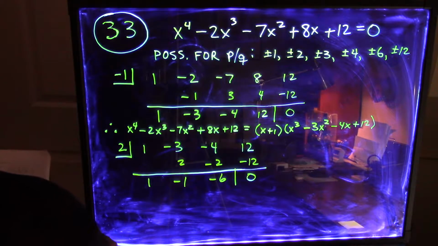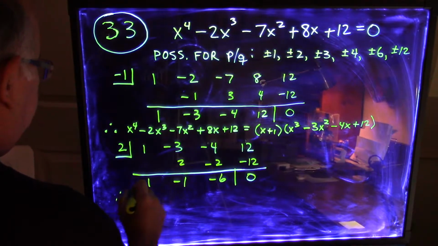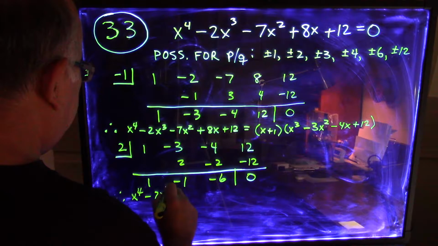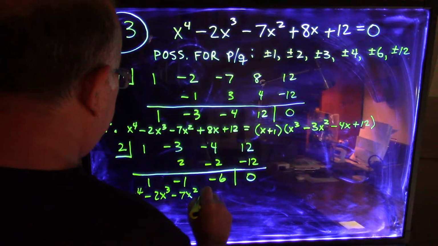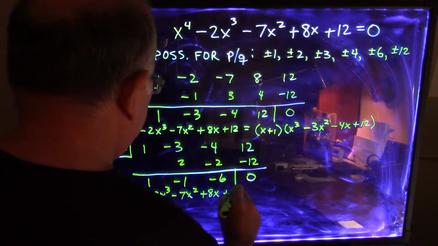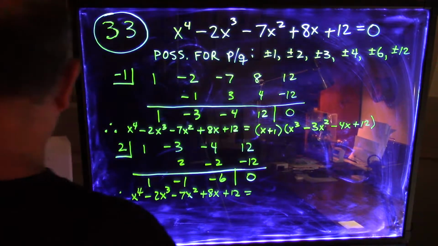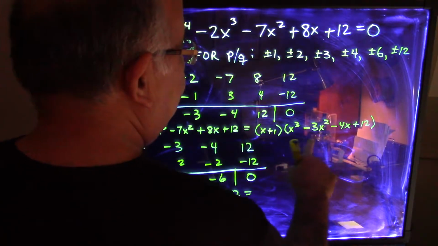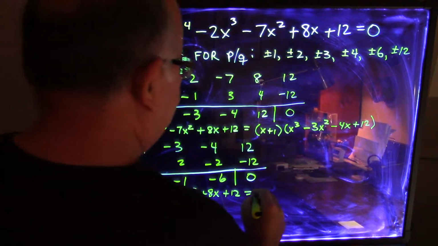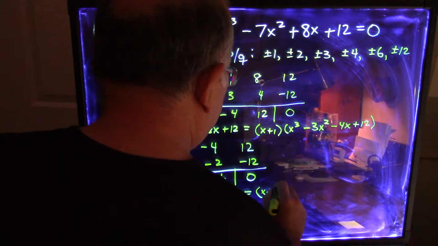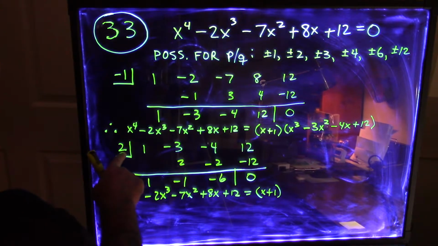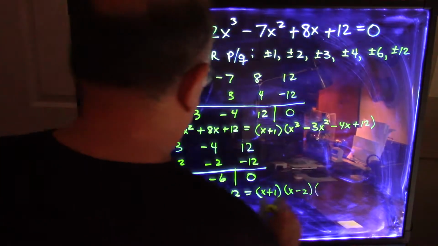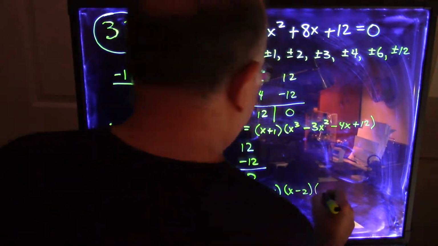So therefore, this polynomial equals, what we've done is, with this result, we've factored this part right here. This remains x plus 1. Then we've got x minus 2 from this division here, and then what we have is x squared minus x minus 6.